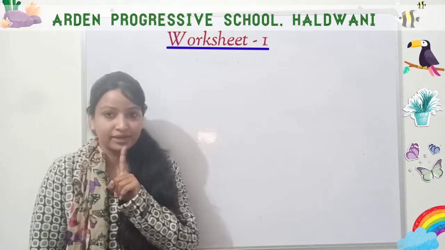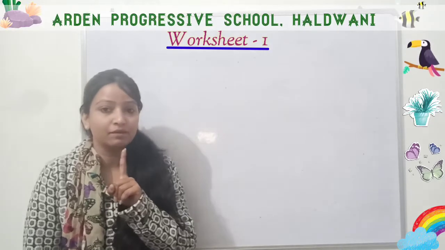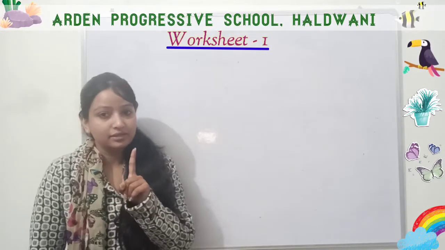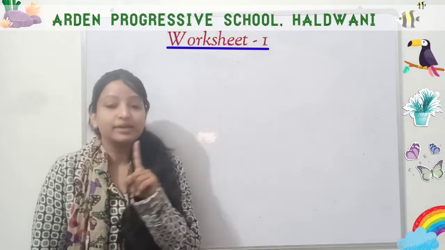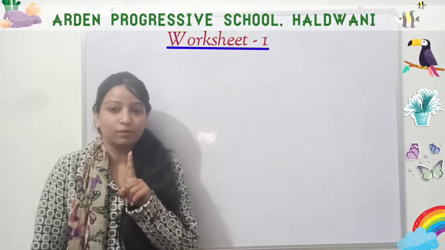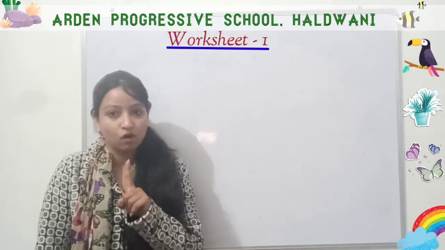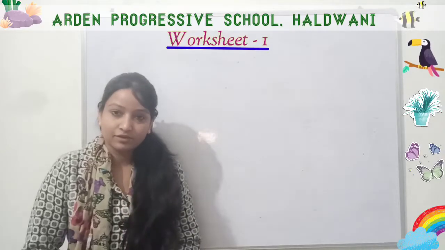In simple present tense we don't need any helping verb, and we write the base form of the verb. This is the first condition.